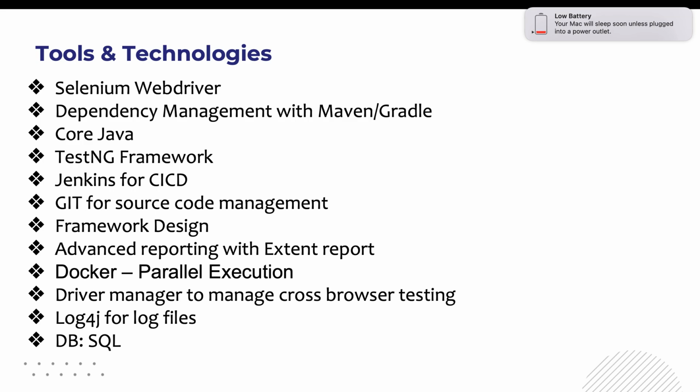But in automation specifically, as I told you, if in your framework you are using multiple jars or libraries, instead of manually downloading them or adding them to your project, you can simply use the dependency management tool, which will help you download and manage your external jars or libraries. So this comes in very handy.